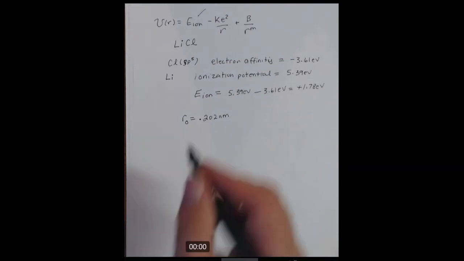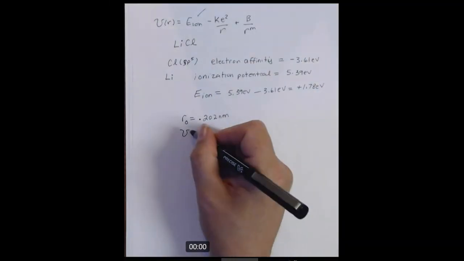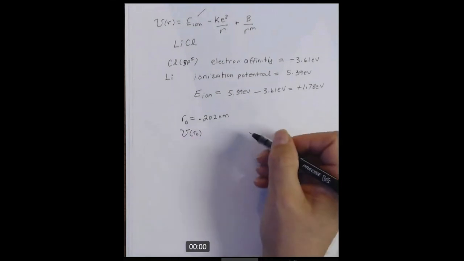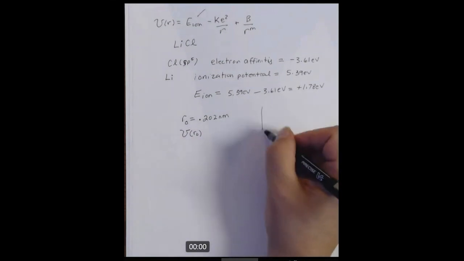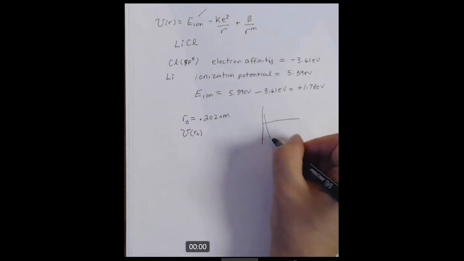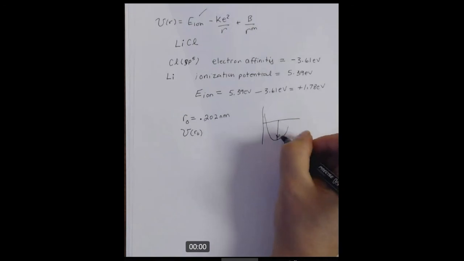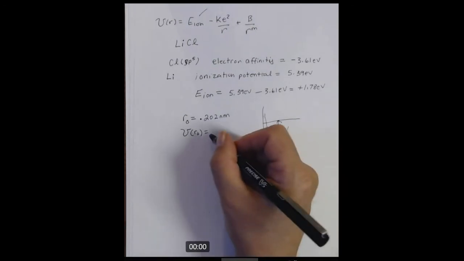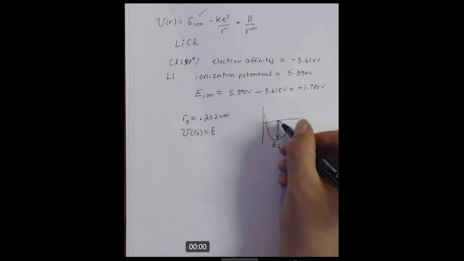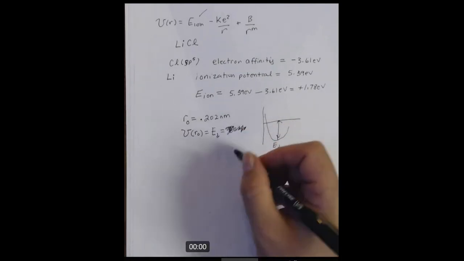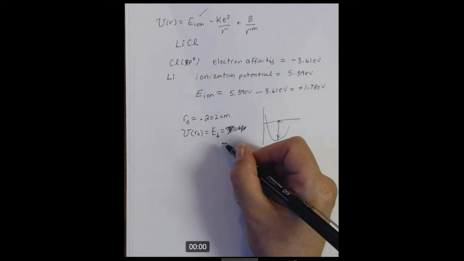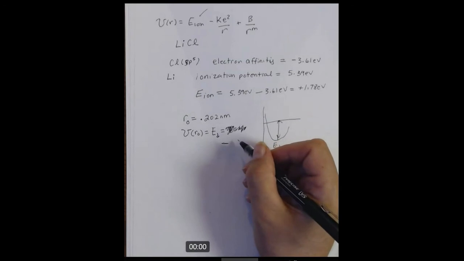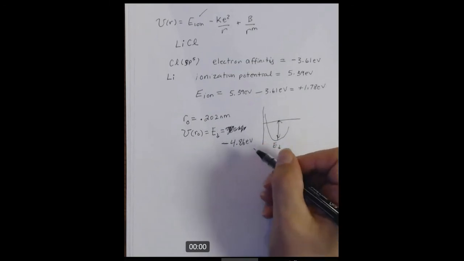The other thing that's going to help us is we know what the total energy is at that equilibrium distance, the dissociation energy. That energy from 0 to the minimum. So that's the total energy of this thing at that equilibrium point. That dissociation energy turns out to be negative 4.86 electron volts.